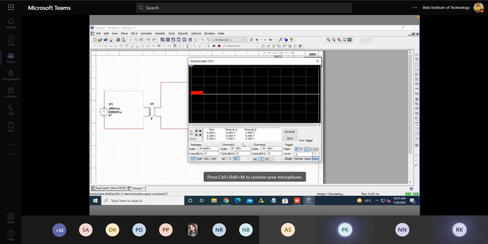Now expand time per division. Sorry, time per division you have to decrease. Expand means... 50, you make it microsecond. A little bit reduce it so that you can see.